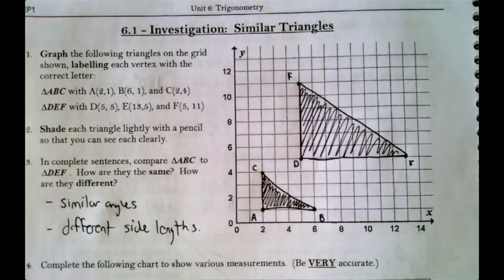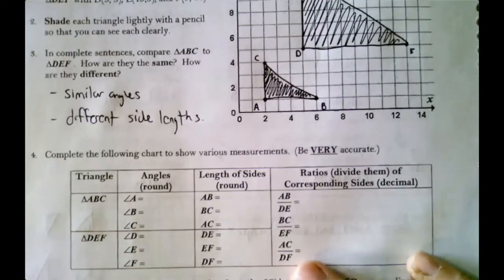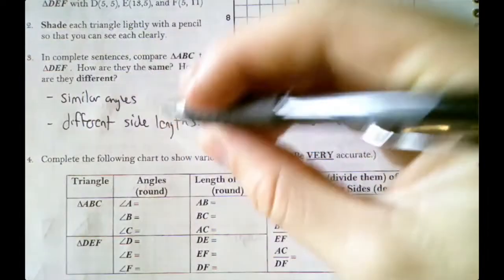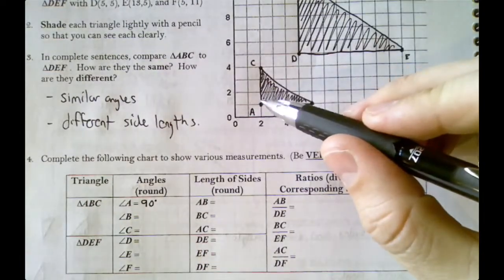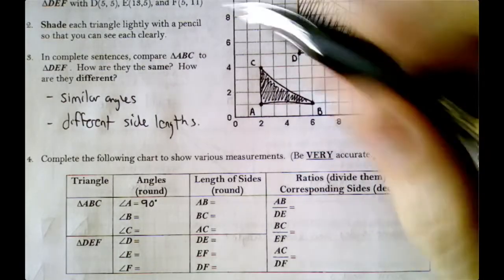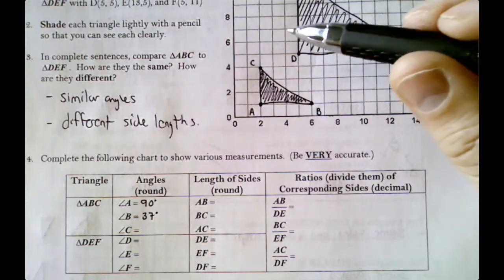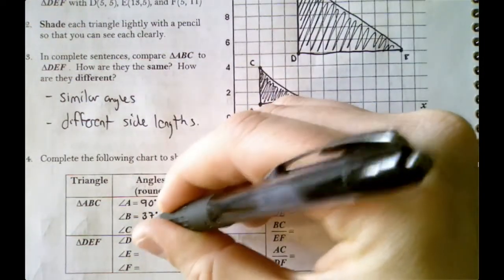So if we had a protractor, we could measure these angles. I'm aware that you may not have a protractor at home, so I went ahead and measured these angles previous to the lesson. Angle A is 90 degrees, so that angle right here is 90 degrees. Angle B, I measured at 37 degrees. And angle C, I measured at 53 degrees.